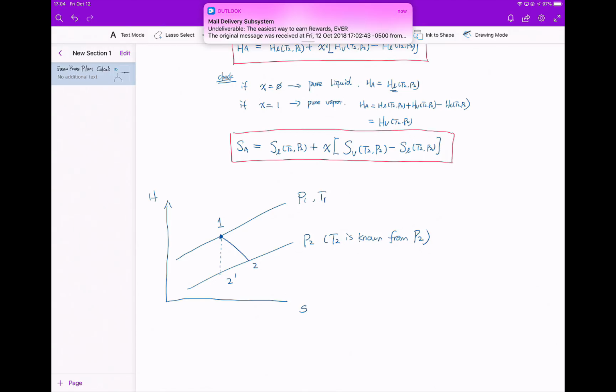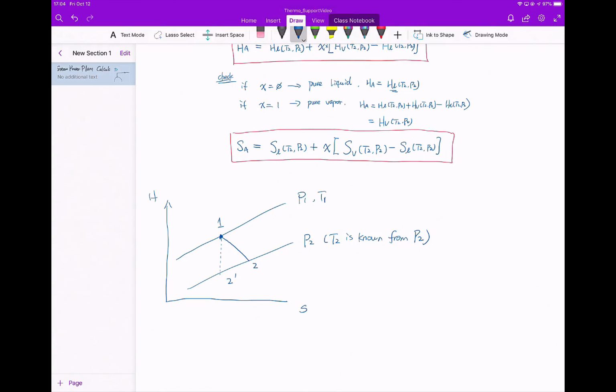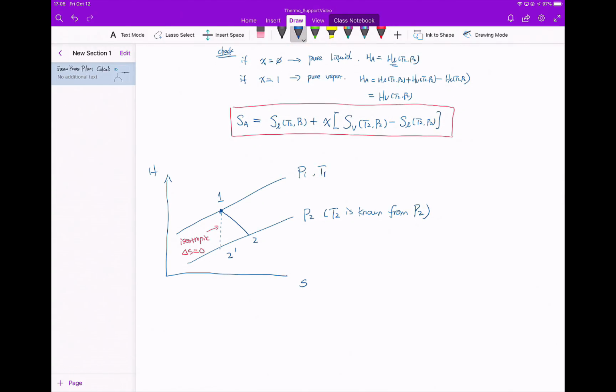So why is it important to identify this isentropic? Isentropic means delta S is 0. That is answered by the purpose of the turbine.